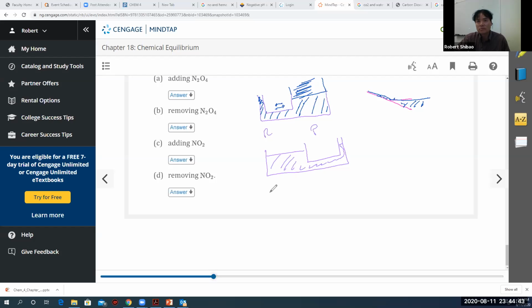Here's a case where it's more 50-50, and so there's not a huge difference between reactant and product in terms of stability. And so here it would be like this, where most of the water is on the reactant side and a little bit of water makes it to the product side. Here it's more flat. And so we're going to have water on both sides, the left side over here and the right side.